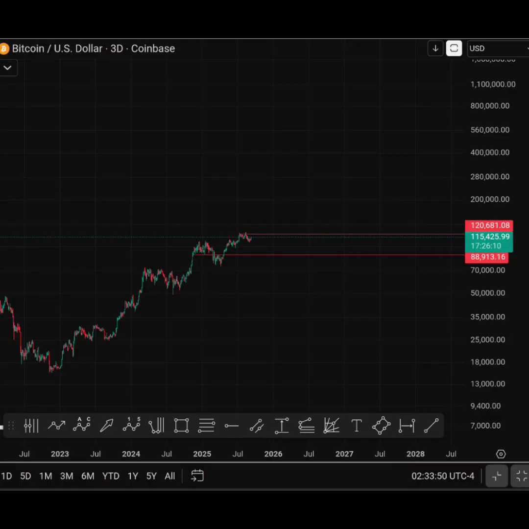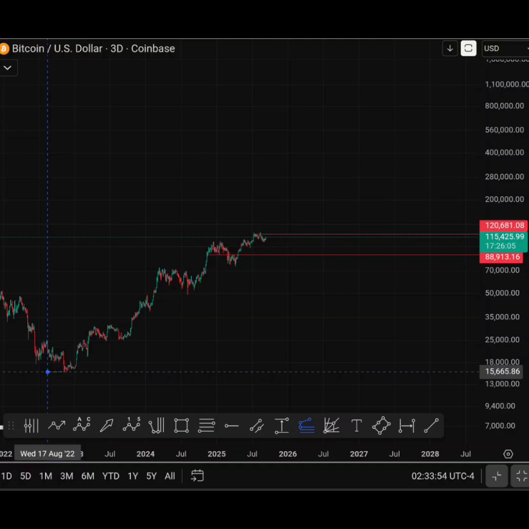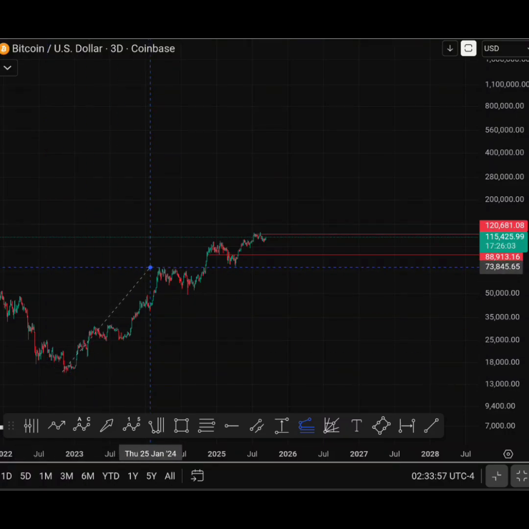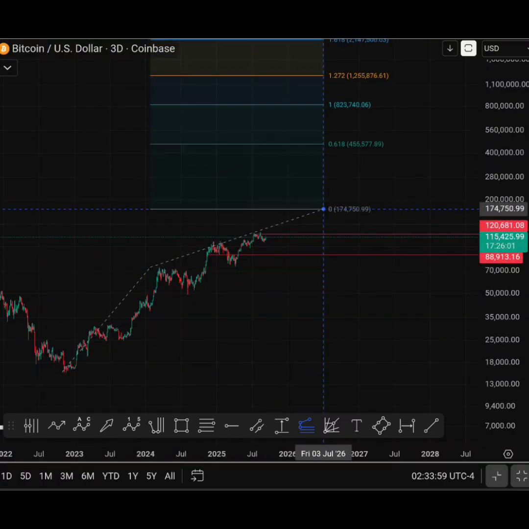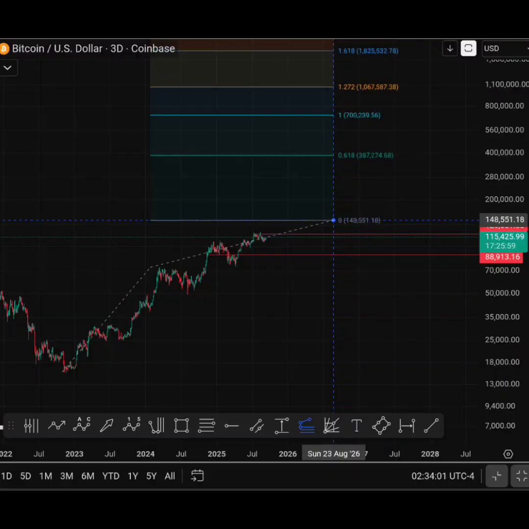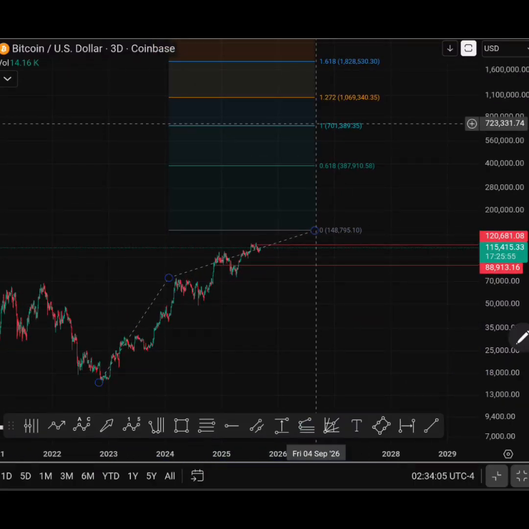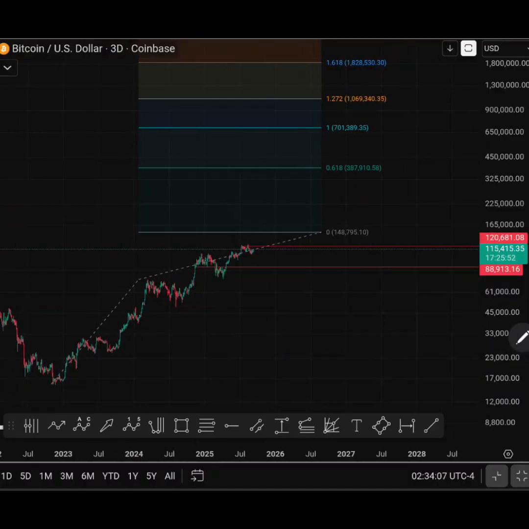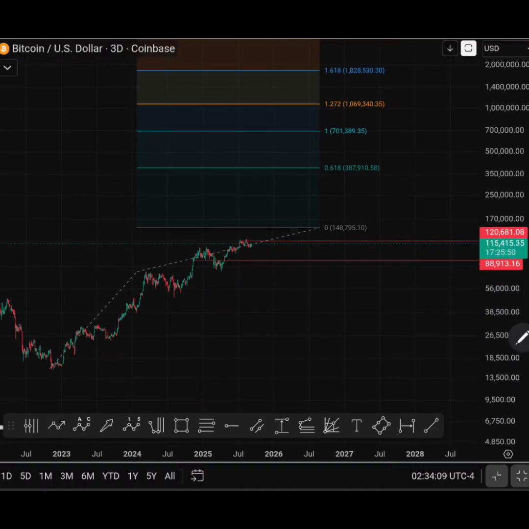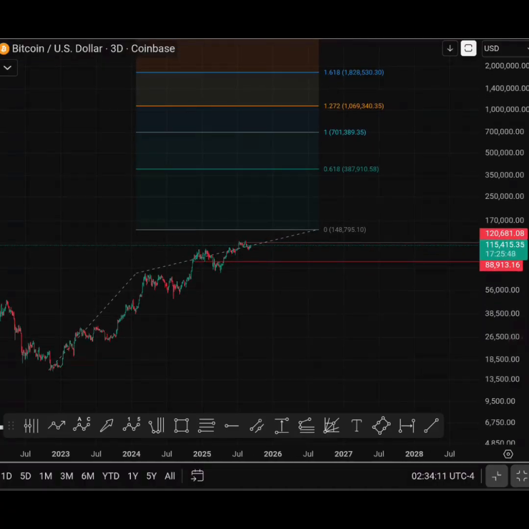And if that only gets down to, let's just call it 150,000, we'll match that leg. Let's say it goes to, we'll just put it at 148. The 1-to-1 extension would be 700,000 if that matches like that. So let's draw that out just to see what it would look like.